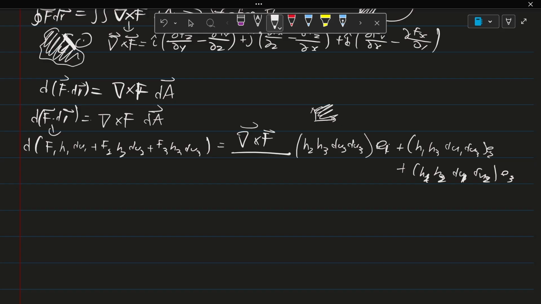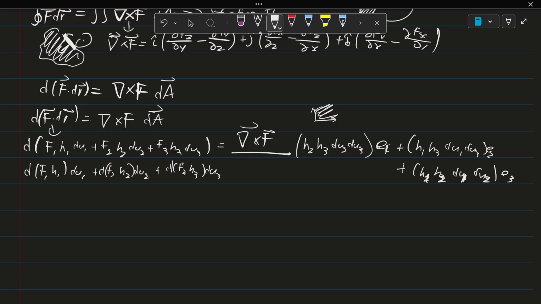So for the front part here, because the derivative of another derivative is very small, we'll just ignore it. So using the product rule, we'll get d(f1 h1) du1 plus d(f2 h2) du2 plus d(f3 h3) du3, must be equal to this entire thing.